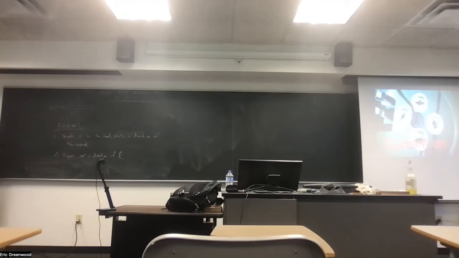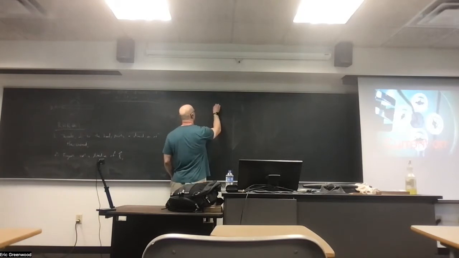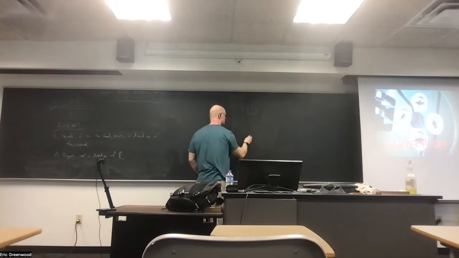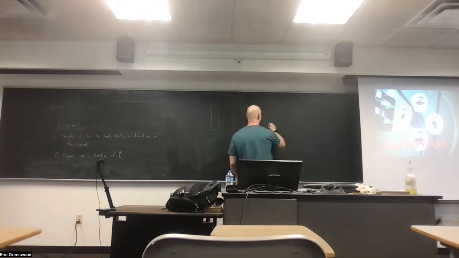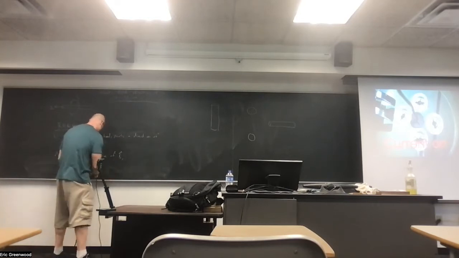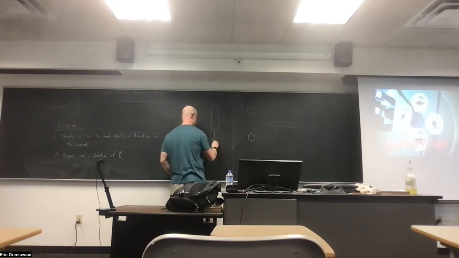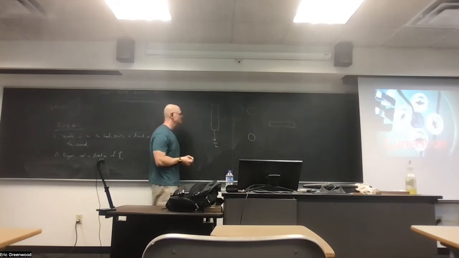Okay, let's do a couple more examples. Let's draw one wire here, another wire here, another wire here, and for funsies, a wire here. In the first case, let's say my current is going downward.